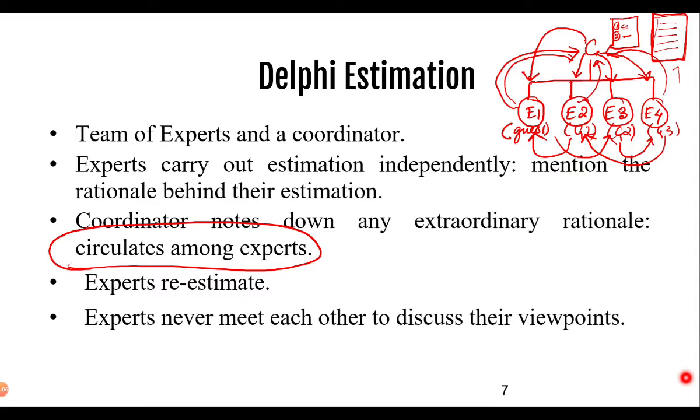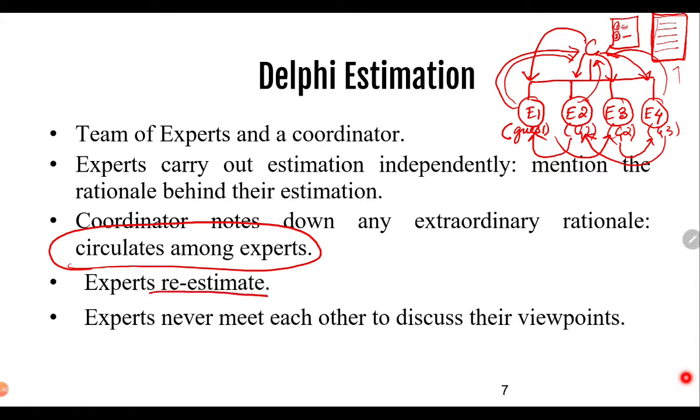Once the coordinator receives the views, they will be interchanged by the coordinator and sent for re-evaluation to the respective experts, and they will again re-evaluate the previous evaluation done by the other experts, and then send a report back again. So the coordinator will go on repeating this process until they come to a common conclusion.